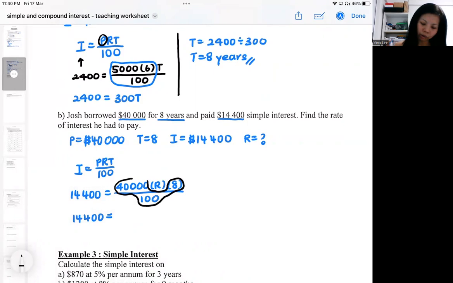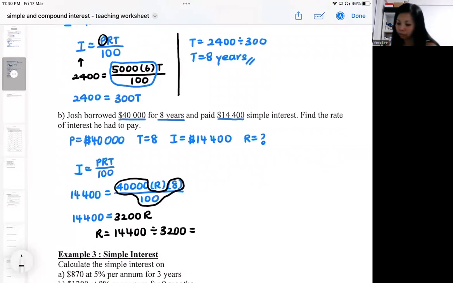If you punch this on your calculator, you will get 3,002. So it's 3,002 R, and R will be 14,400 divided by 3,002. So you will get 4.5. So the yearly rate is 4.5%.